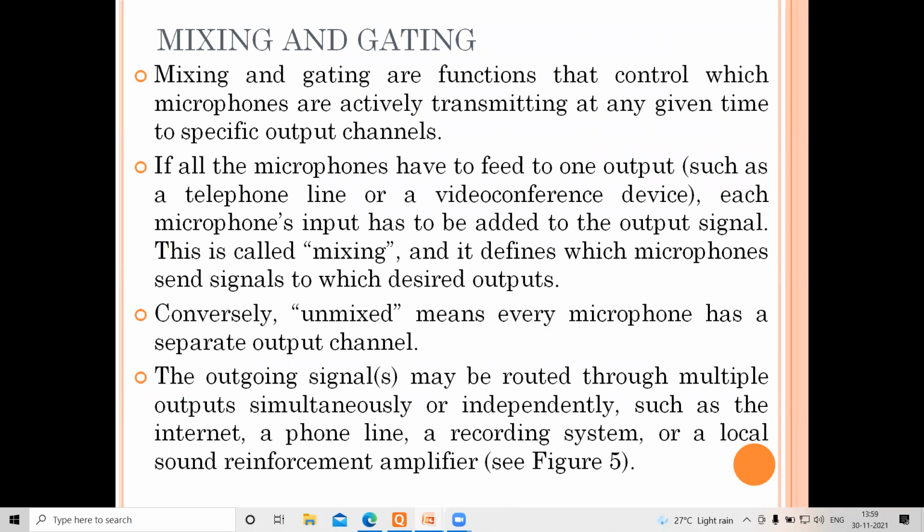Then mixing and gating. These are again important applications with respect to DSP: mixing of your signals and also gating of signals. These are two very important applications when we have multiple people speaking or multiple systems working together.